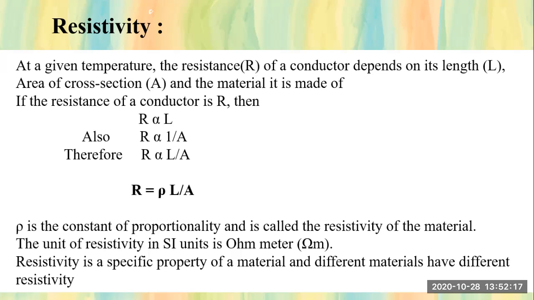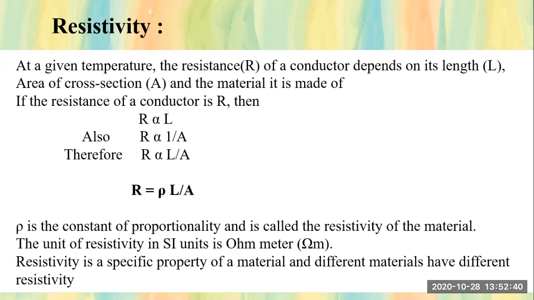What is second? R is inversely proportional to area of cross section. Inversely means we take 1 upon A. When area of cross section increases, resistance of the conductor decreases. And when area of cross section decreases, resistance of the conductor increases.